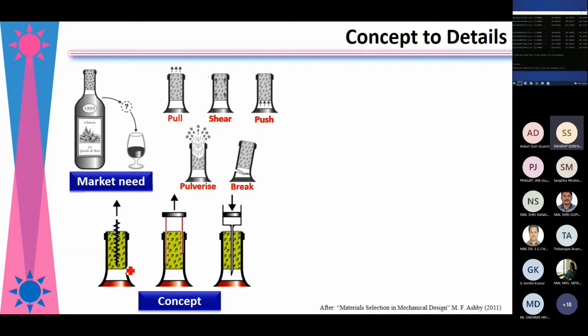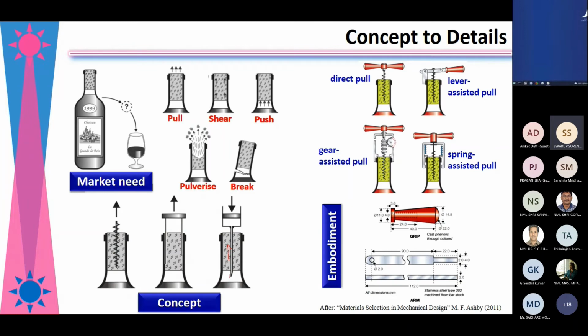Now the concept is you have a drill here, and once you put it, then you can take it out, or you can have knives here and then do this thing, or you can pressurize inside and this will go out. So these are the possibilities. Pulling, shearing, and pushing are there. So this is the concept now, and that concept can be translated in so many forms.